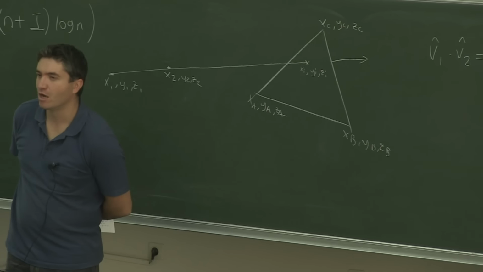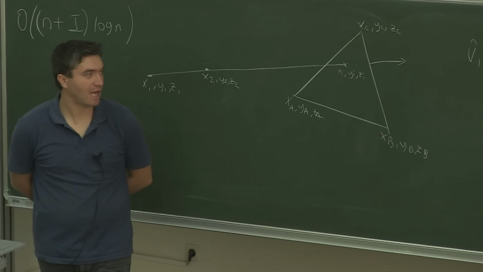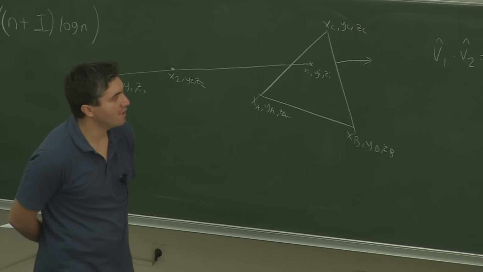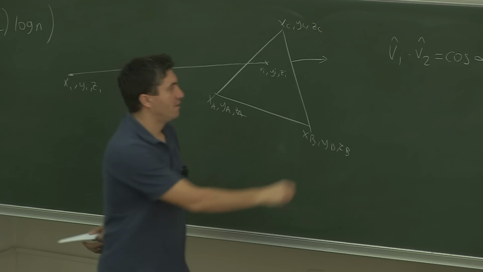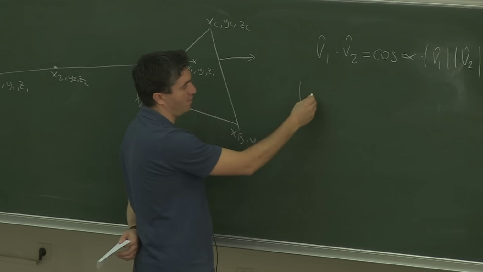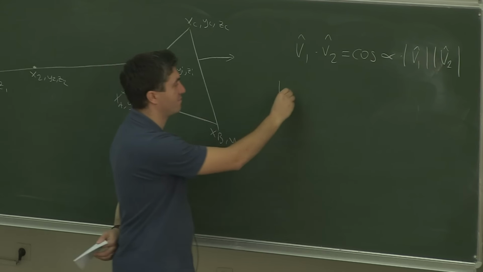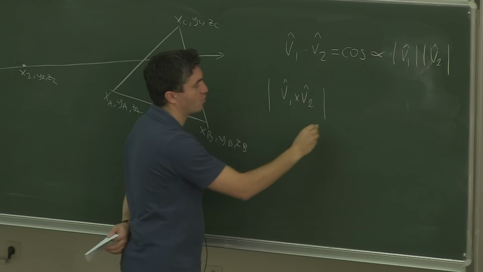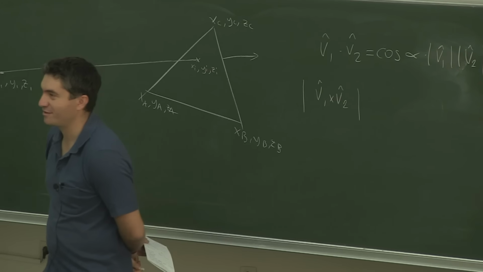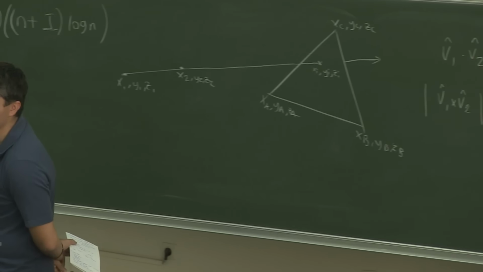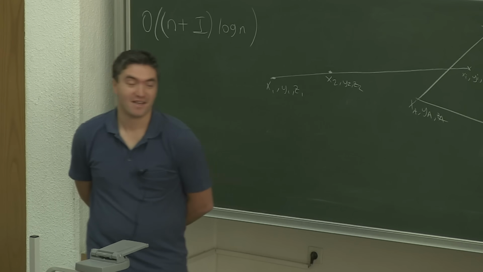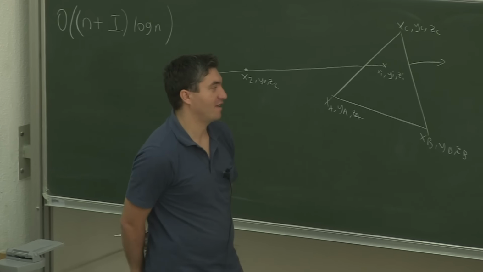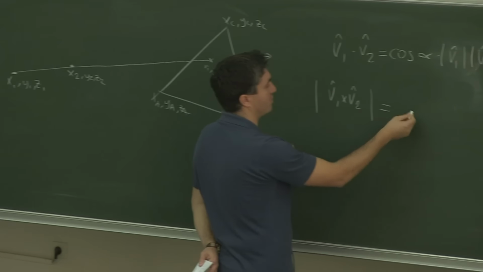Now, the sine law says that the norm of the cross product, since the result of a cross product is not a scalar, it's a vector, so we cannot say it's equal to a scalar.